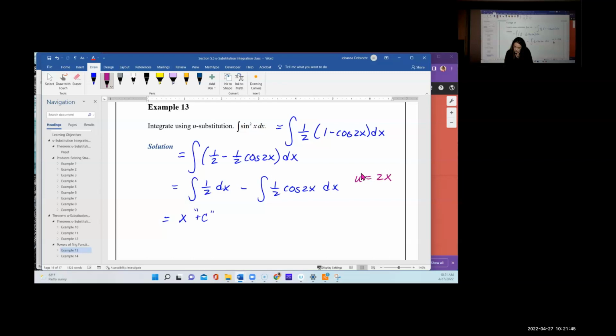So u is equal to 2x. So du is equal to 2 dx, or dx is equal to du divided by 2. Now I substitute. So I have minus 1/2 the integral of cosine of u times du divided by 2.